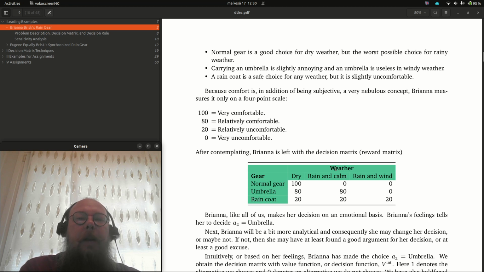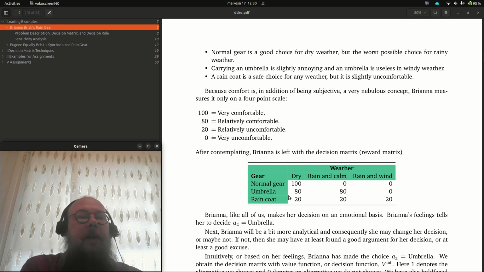And then here, this is the key thing in this analysis. All decision matrix techniques start with the decision matrix, and building the decision matrix is the difficult part. There you have to really think, and you have to incorporate all the ideas of what is good and what is bad in one matrix.